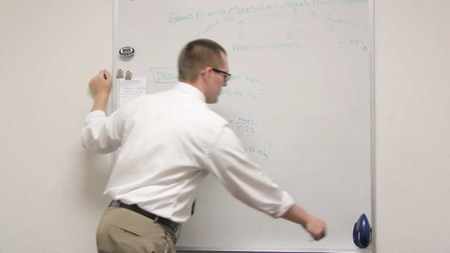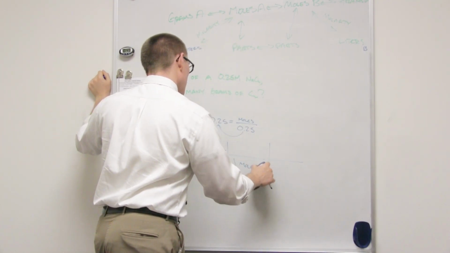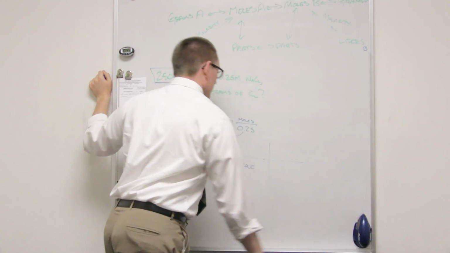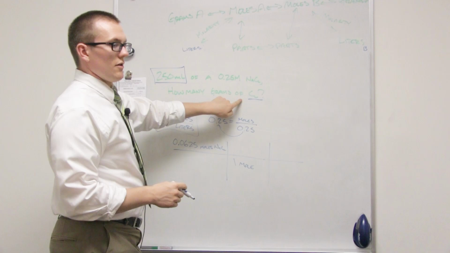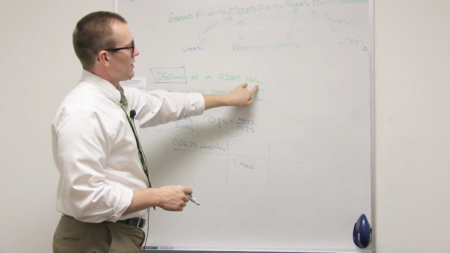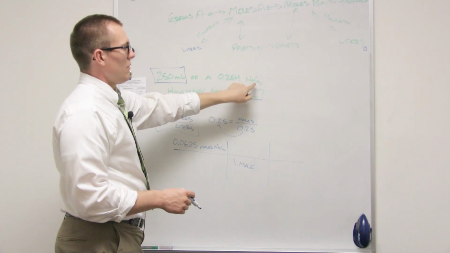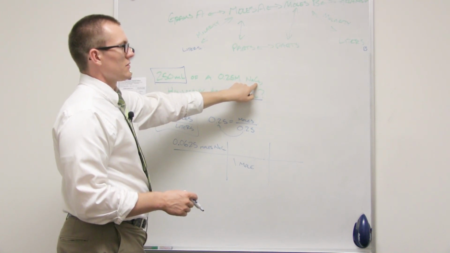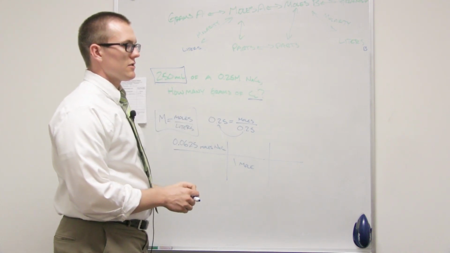Oh, well, before this, we'd want to do our stoichiometric conversion, right? So if we're looking for how many moles of chlorine there are, we want to look and see for every molecule of sodium chloride, how many atoms, how many parts are there of chlorine. Does that make sense? That makes sense.